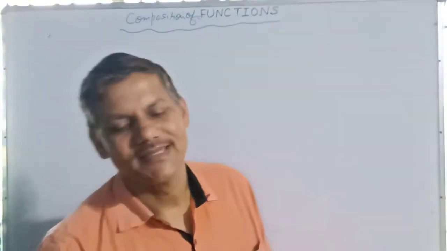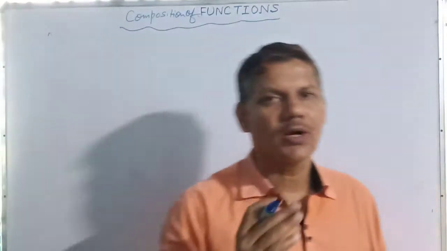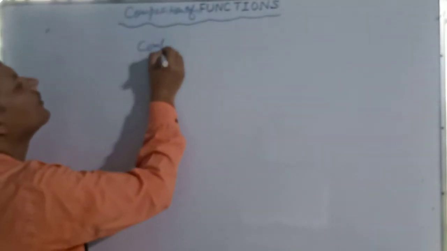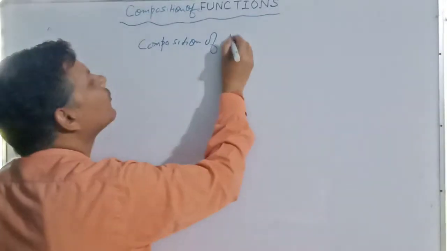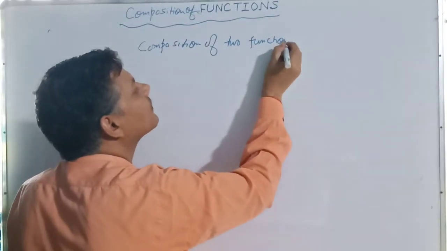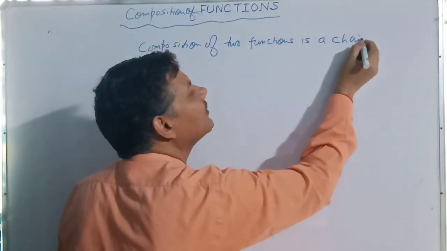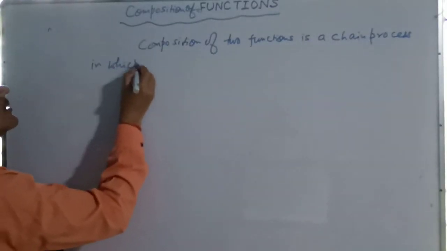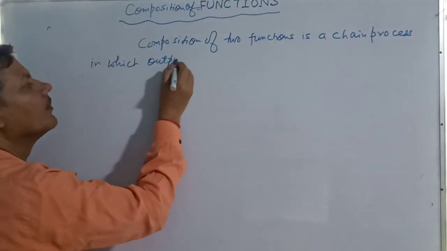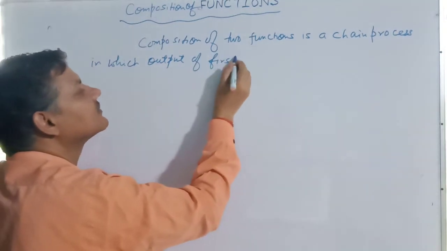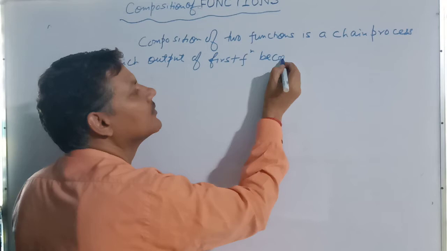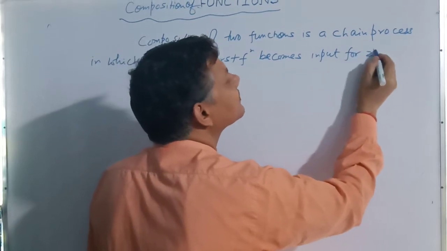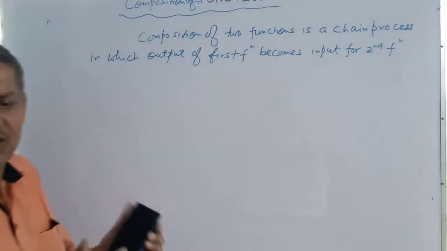Actually, the composition of two functions is a chain process in which the output of the first function becomes the input for the second function. Okay, that is a chain process.